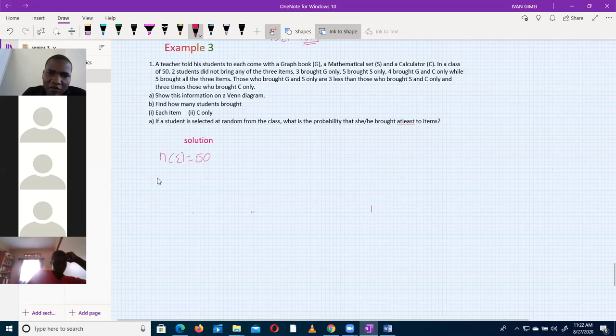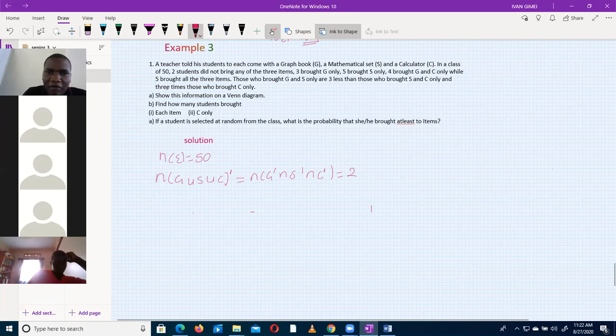So the number of G union S union C complement, which we said can also be written as the number of G complement intersection S complement intersection C complement. These two are the same, gives us 2. When you try to shade the regions in a Venn diagram, you always find that these 2 will represent the same region.